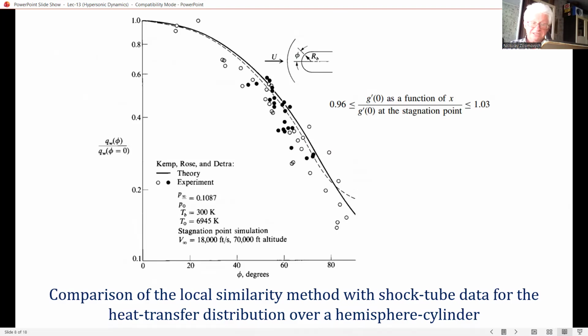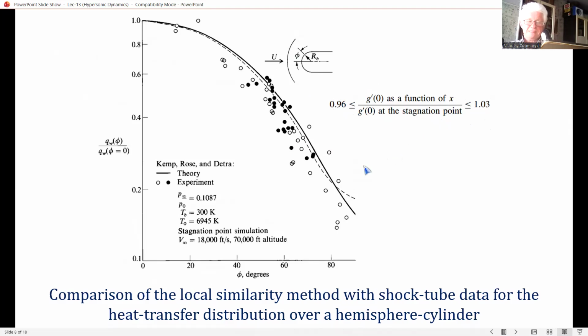And the numerical results indicate that for an ordinary blunt body, the calculated variations of g as a function of x around the body are very small. To be precise, for the conditions we have, g is between nearly 1 exactly, higher than 0.96 and less than 1 also.